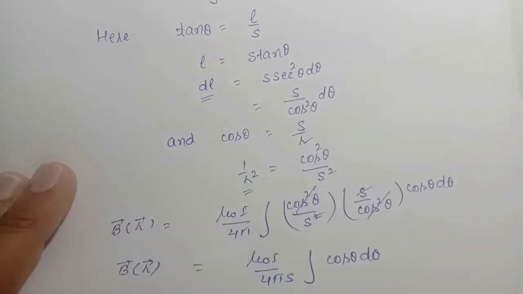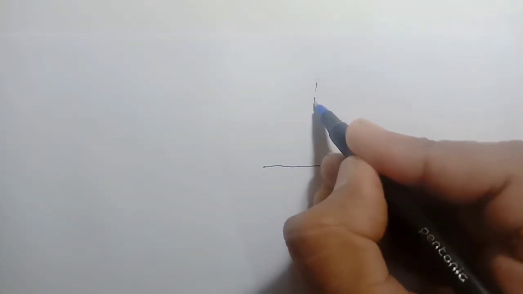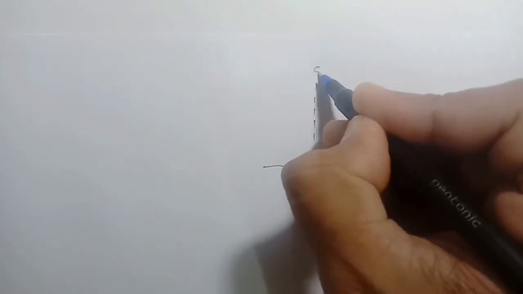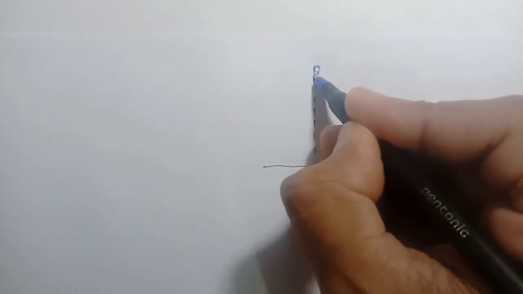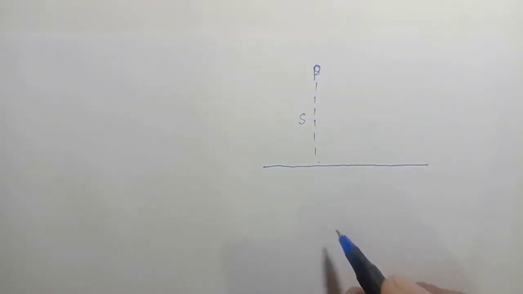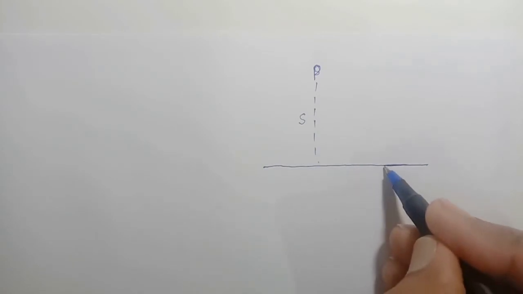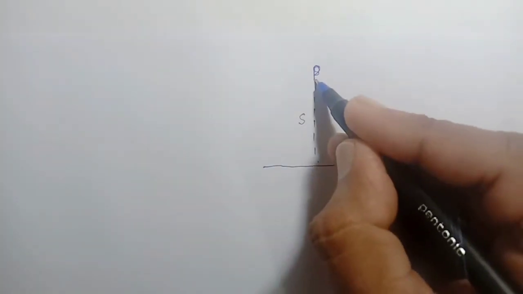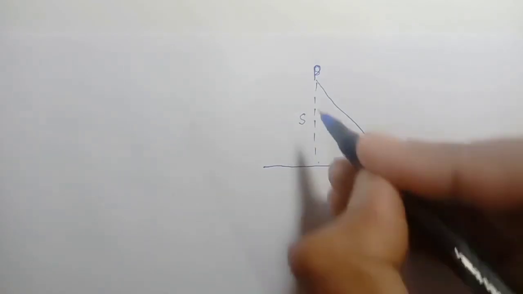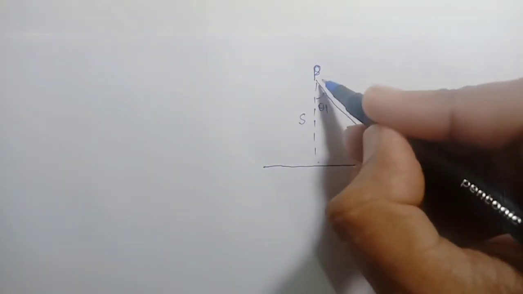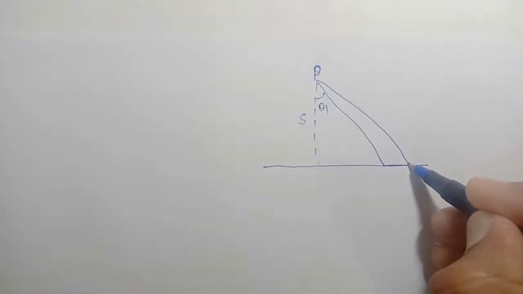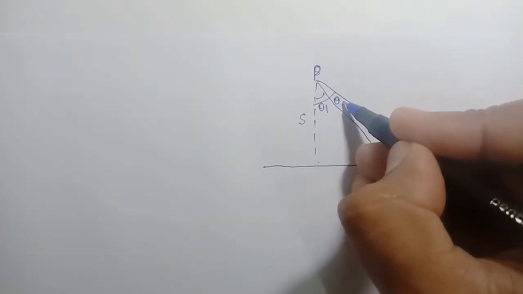Now suppose this is a line, and we will put the same figure. Here we are interested to find the magnetic field at a point P, which is at a distance S, and suppose this is a line segment, and this angle is theta 1, and from this to this point the angle is theta 2.